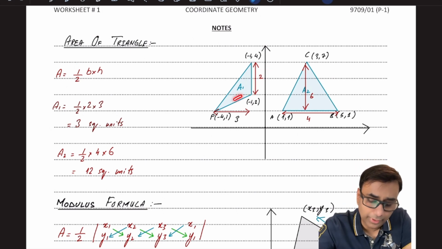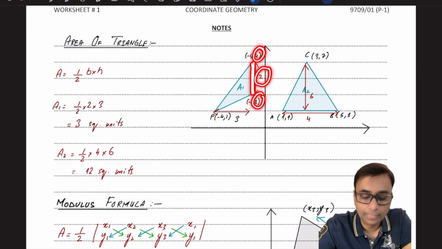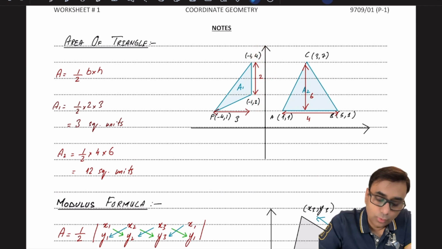Like if I look at this triangle and I consider this side as a base, this is a vertical side. So the base of this triangle would be equal to the difference of these y coordinates, 4 minus 2. And hence the base of this triangle comes out to be 2. And then I would find out the height.